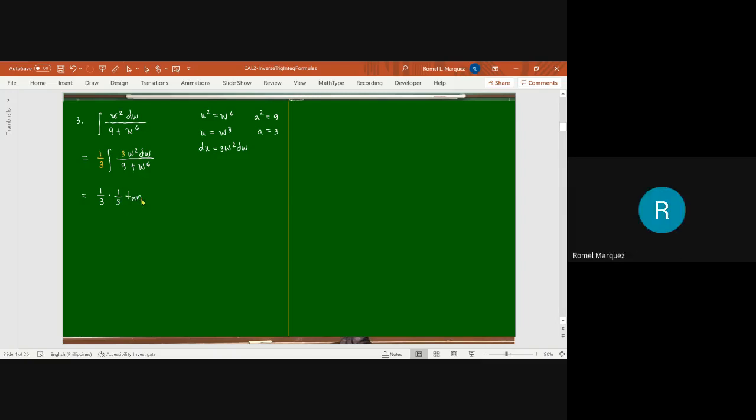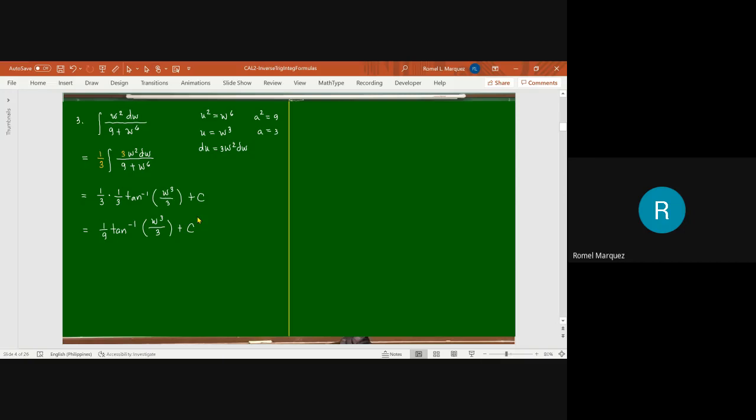Inverse tangent of u, what is u? w cubed over 3, then plus c. Simplifying, giving 1 over 9, inverse tangent or arctangent of w cubed over 3. Then plus c.